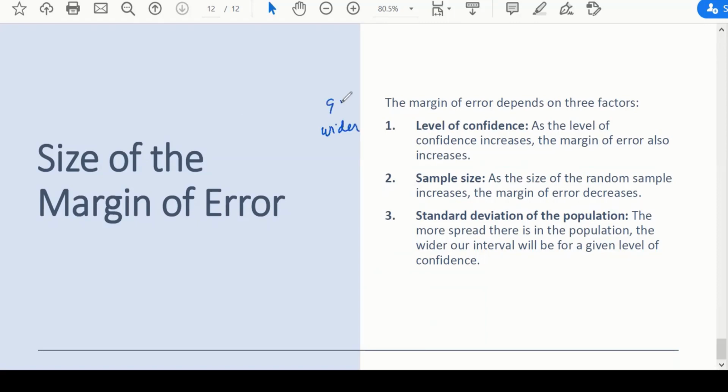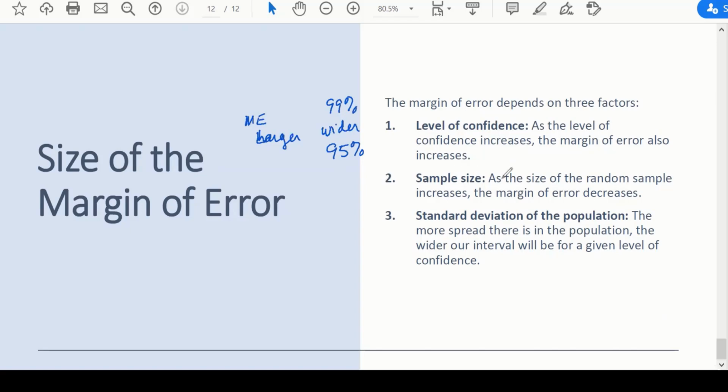So higher confidence, 99%, will be wider than 95%. So the margin of error is going to be a larger number. Larger. Okay. And that way you'll capture the population more times.